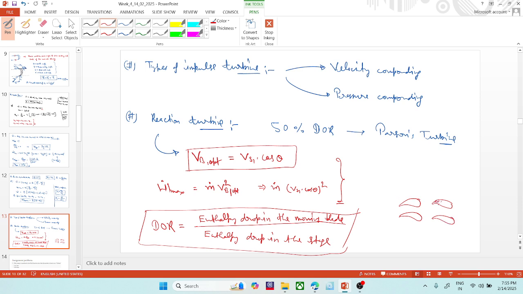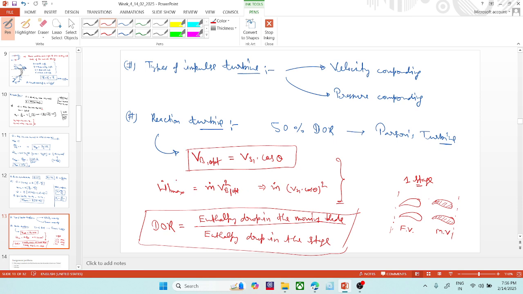So these are the fixed blades, FB, and these are the moving blades, MB. This complete thing, one row of moving blades and fixed blades, is one stage. So the degree of reaction would simply be the enthalpy drop in the moving blade row to the total enthalpy drop in a stage.